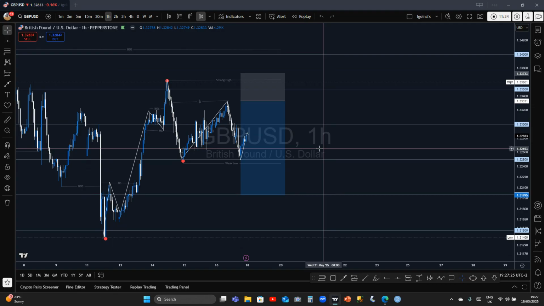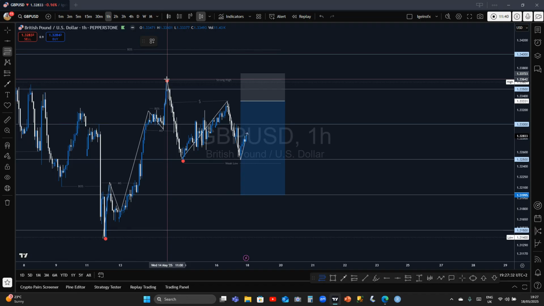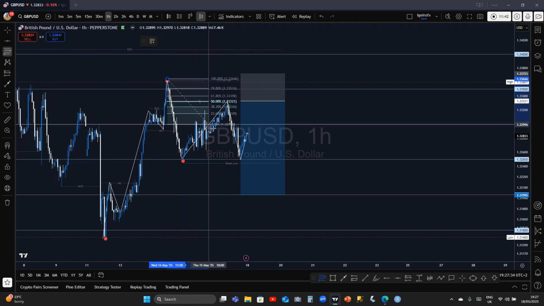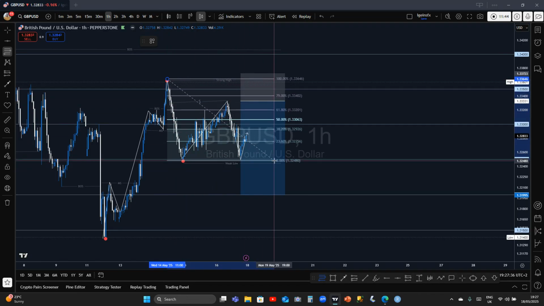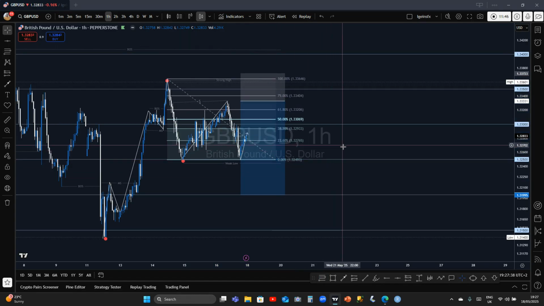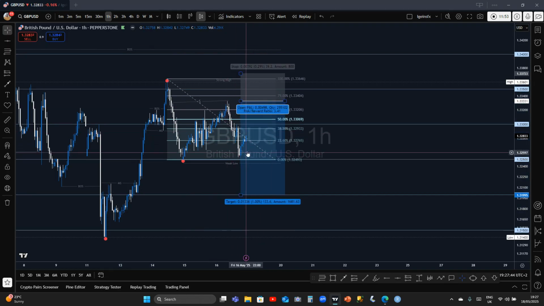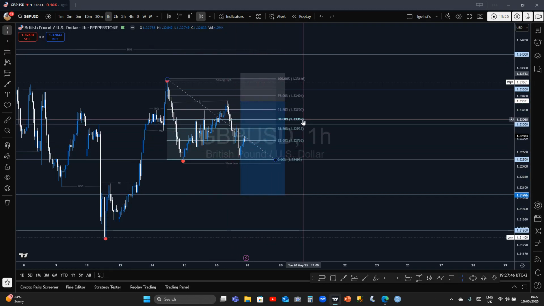to take out the weaker leg. Now, what you need to do next is bring out your fib tool, place it at the top, drag it down to this level, then you drop. Now, at this point, we are expecting price to push up to the premium level.